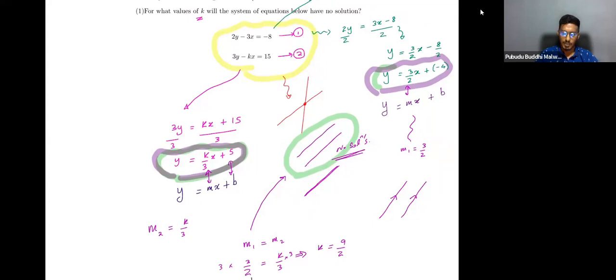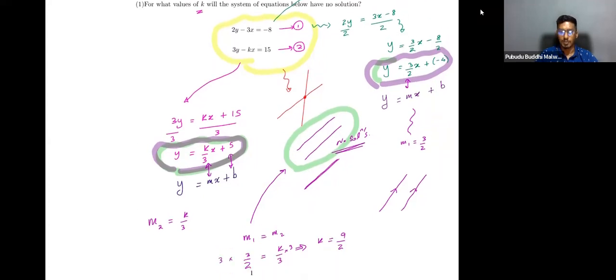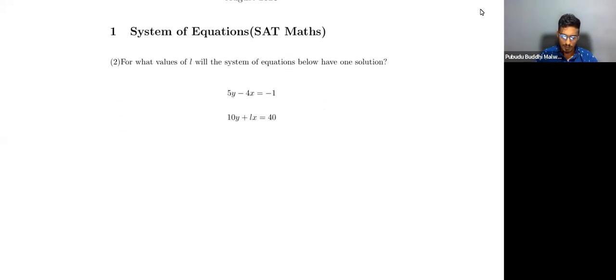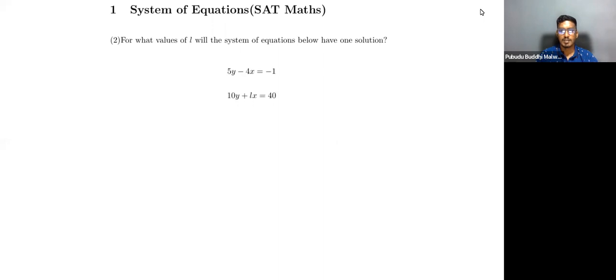Right? So let's try the second problem. Right, quite similar, but slightly different because of this one solution. Right? So what's the graphical representation of that?